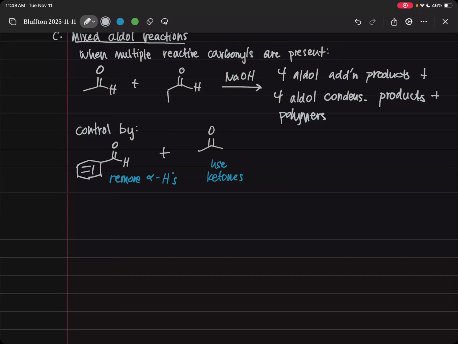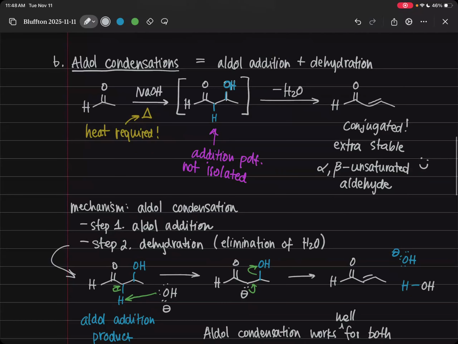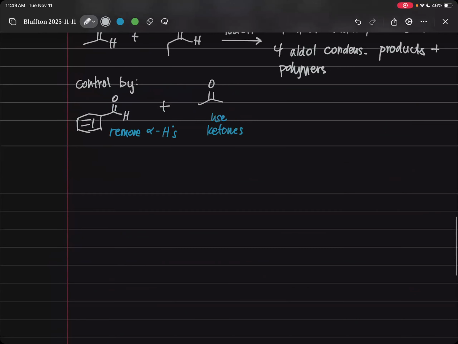Well, of course, they have to do the aldol addition in order to perform an aldol condensation. But as mentioned up here at the top, if you've got a ketone, you have to go all the way to the aldol condensation product.